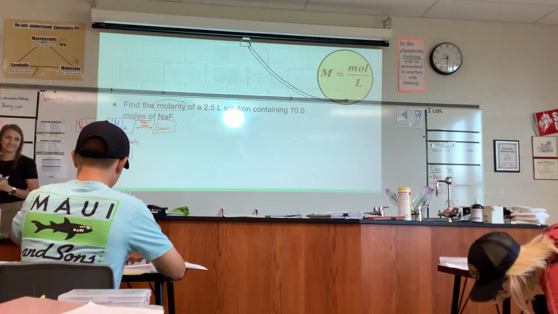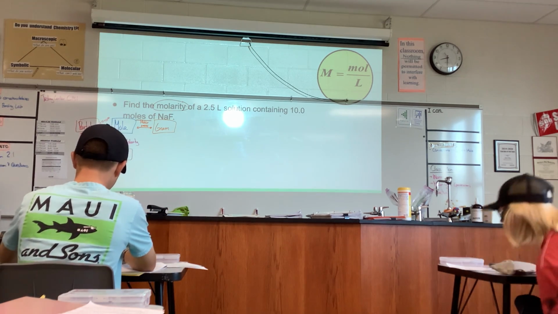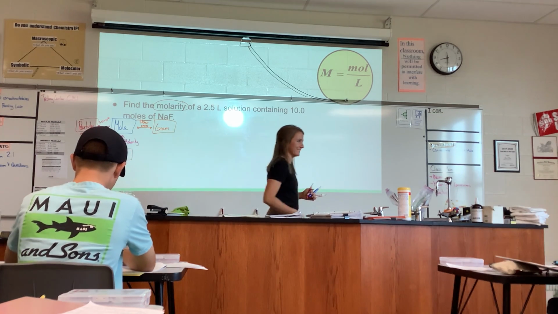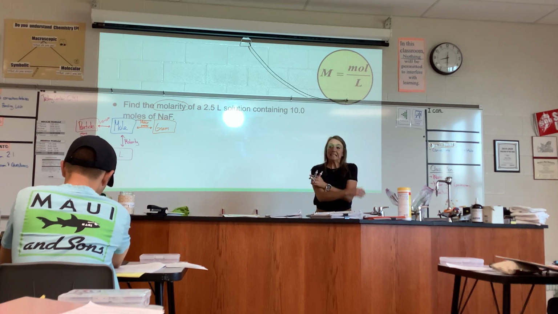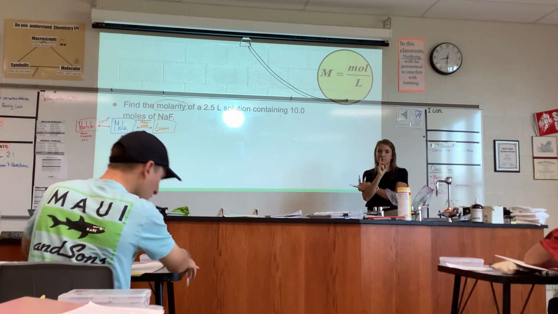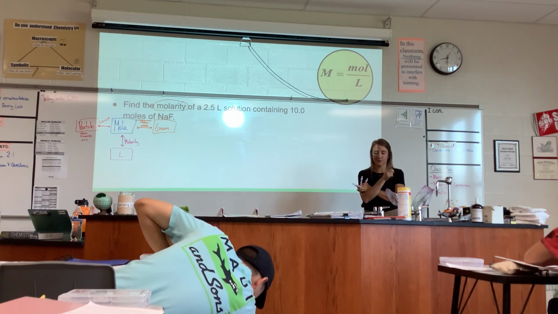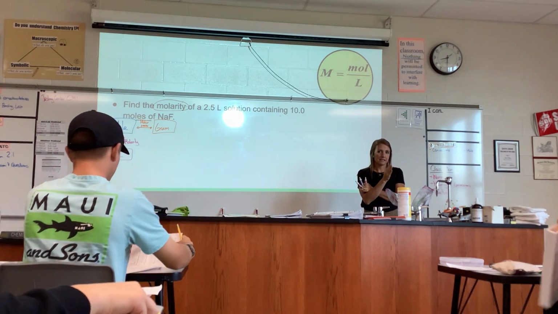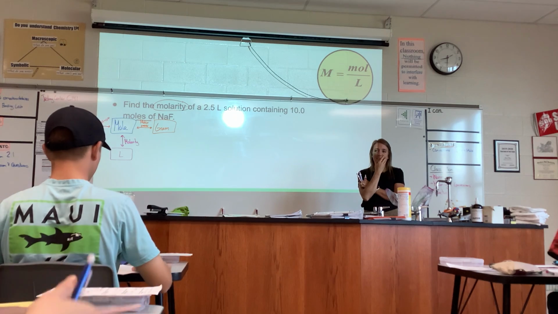It says find the molarity. You didn't get any smileys last time, so I've got to find some. Now, this problem is different because of what we just circled. That's why it's important to always figure out what you're trying to find. Any thoughts on why this is going to be different?